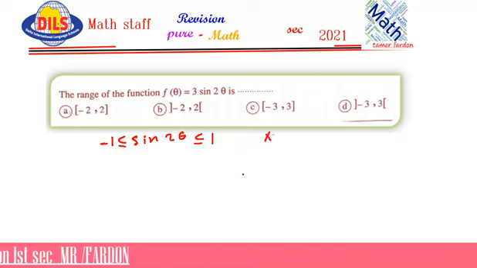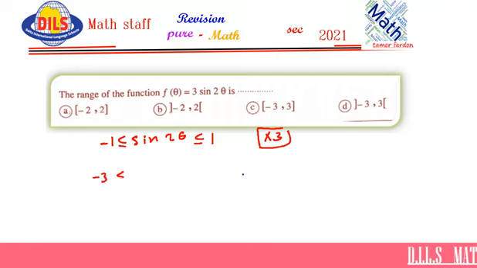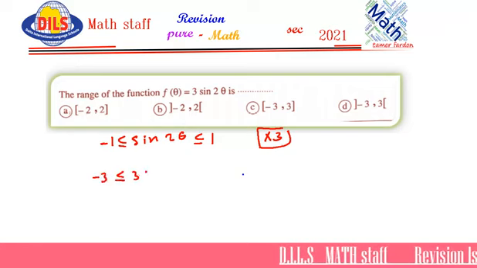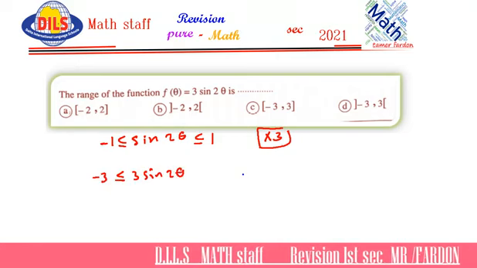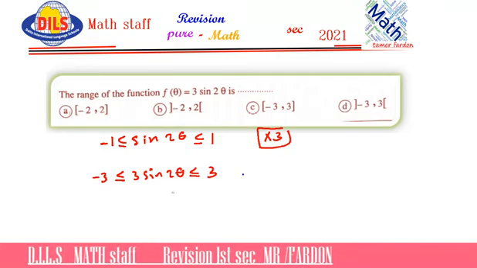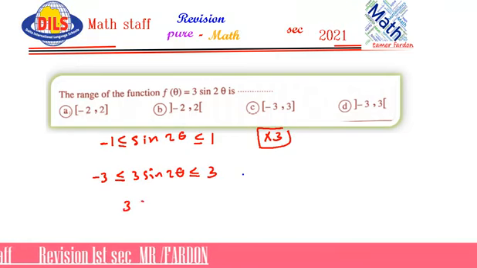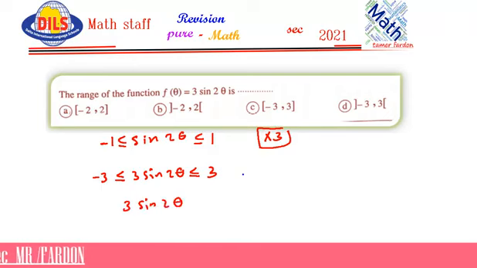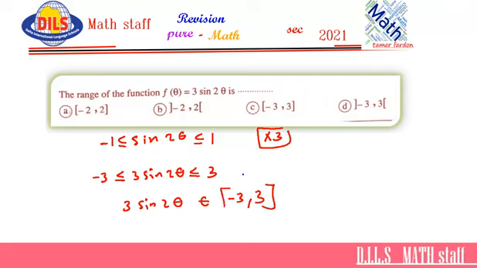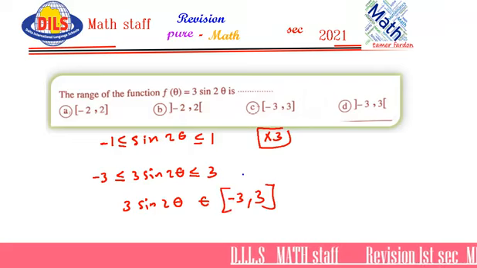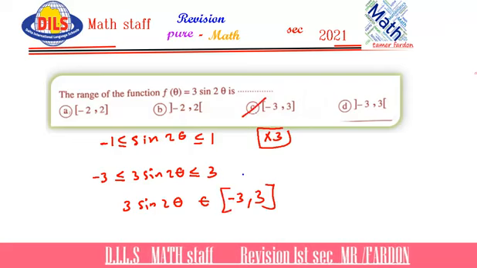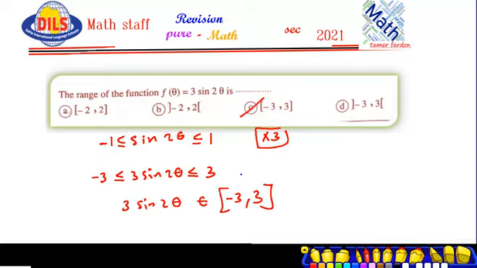If we multiply by 3, we get -3 is less than or equal to 3 sine 2 theta, which is less than or equal to 3. So 3 sine 2 theta belongs to the closed interval from -3 to 3. So the range is the closed interval [-3, 3].